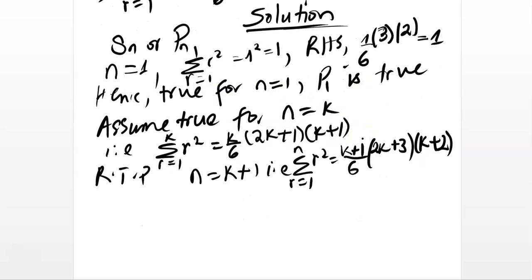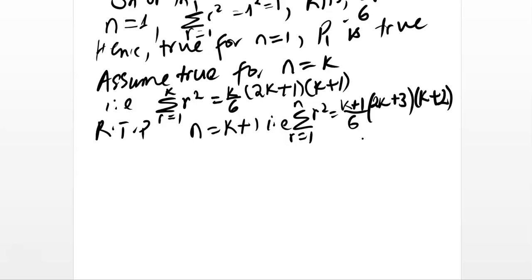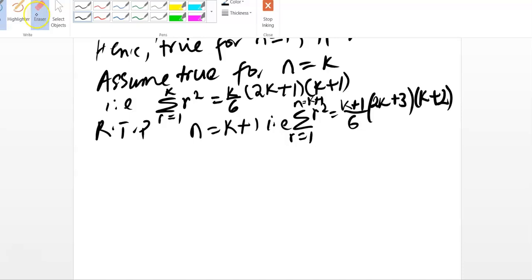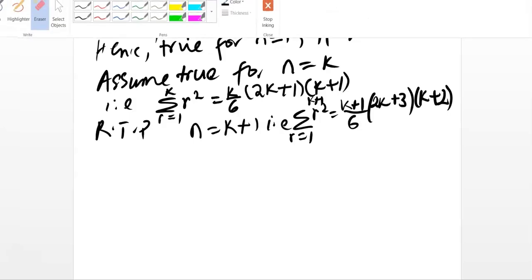Whenever they say assume that it is true for n is equal to k, it means that's what you are going to use. We are summing from r is equal to 1 to k plus 1, when n is equal to k plus 1.